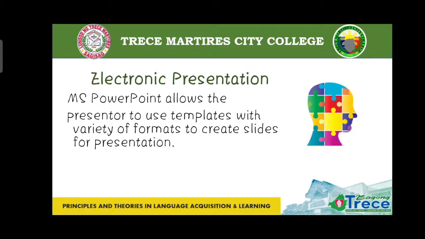The slides are presented by a computer hooked up to an LCD projector during face-to-face type of learning. We are using a projector to make the presentation more visible to everyone. PowerPoint is being used by increasing numbers of teachers and students for in-class presentation. So that's what I said.